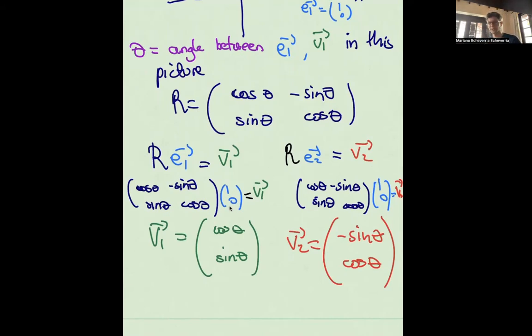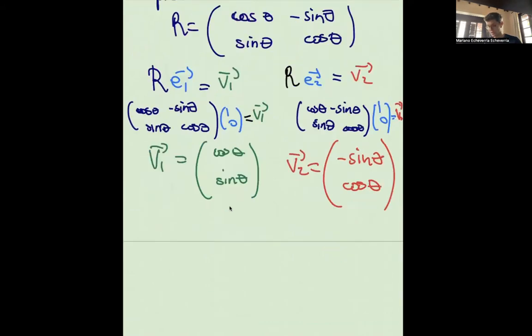Let me write it down more as a theorem or result. This is an important result.